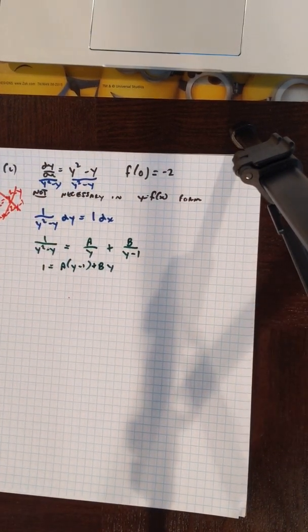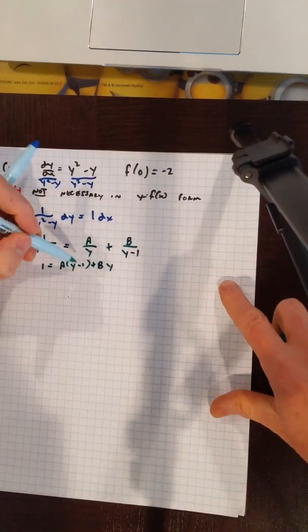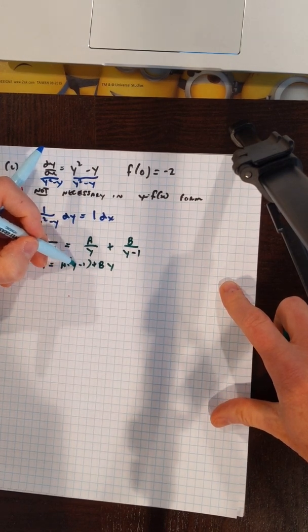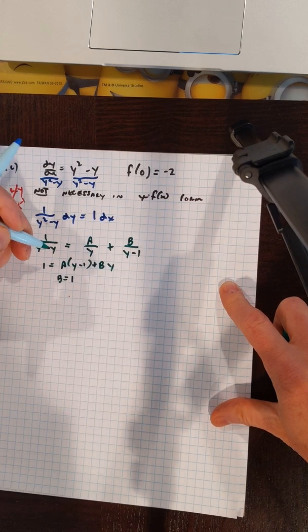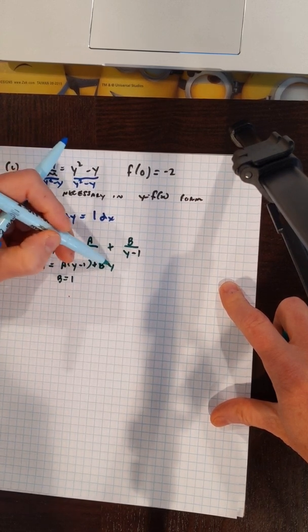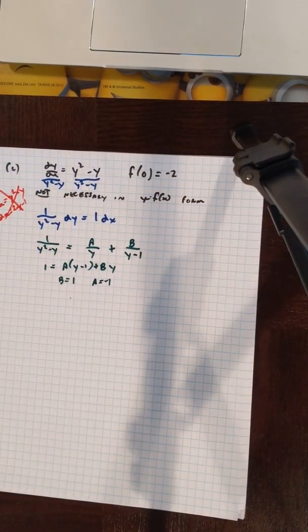Okay. Value of y is 1. Gives me b is equal to 1. If I plug in 0, I get a is negative 1.